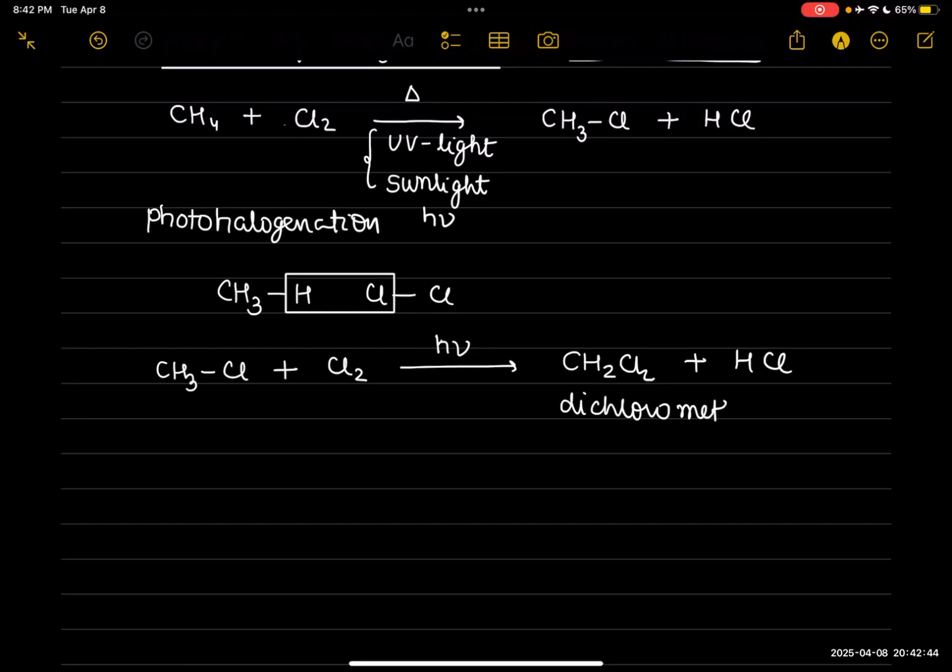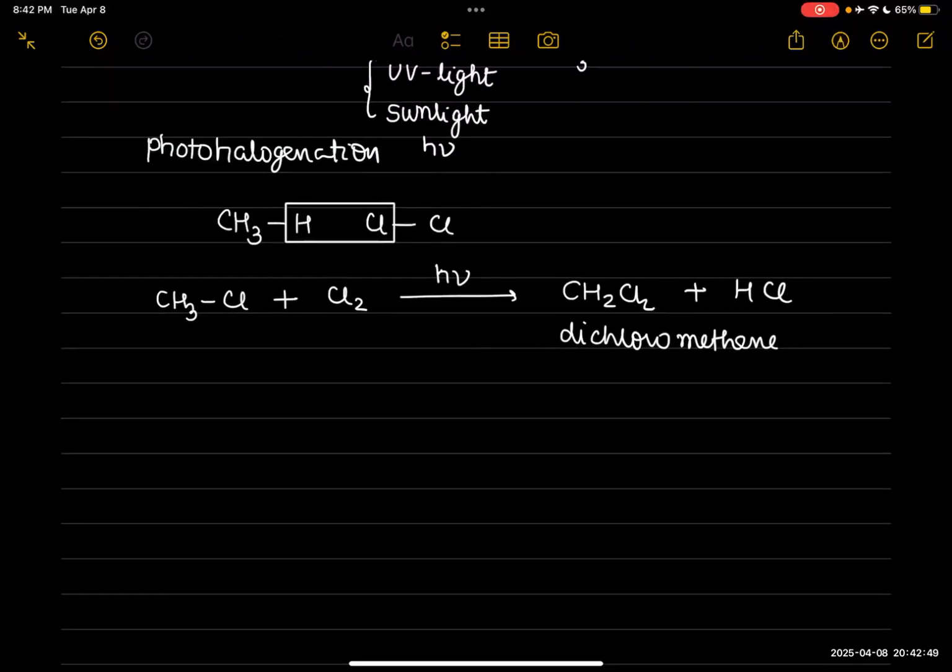Methane. And if I take 3 moles of chlorine, what is going to happen? This CH2Cl2, the third mole will react again. What you are going to get? CHCl3 and HCl.